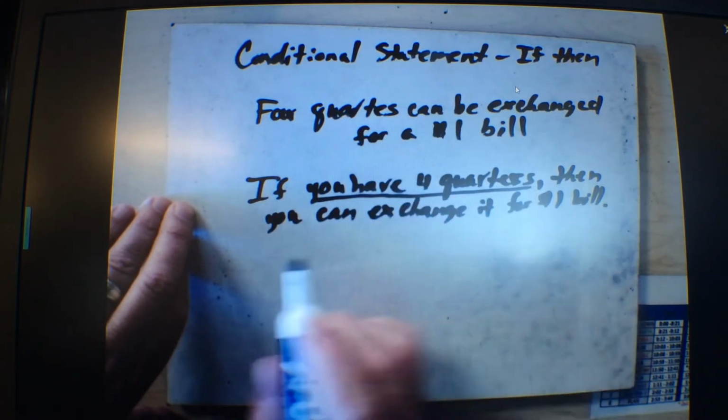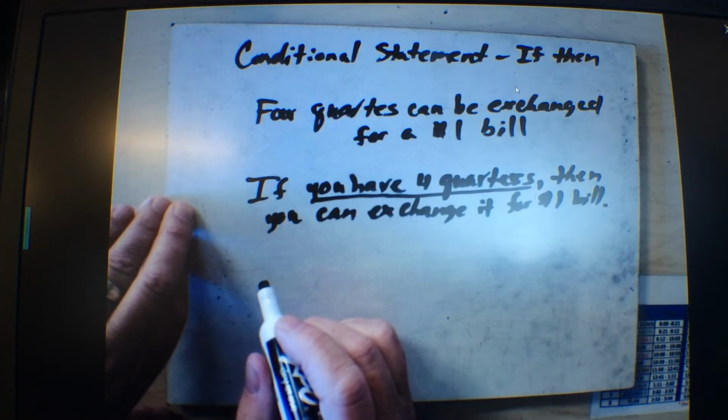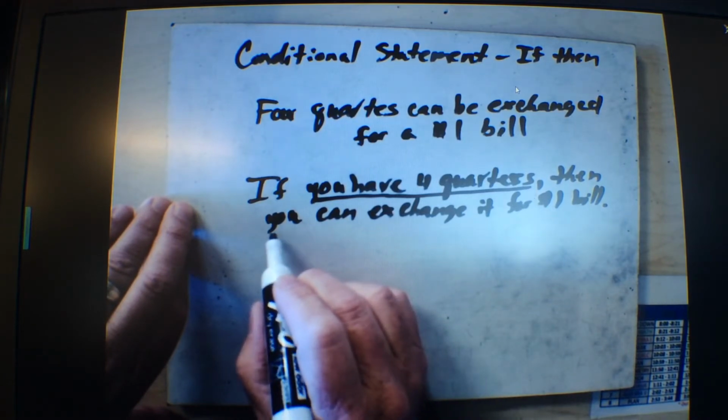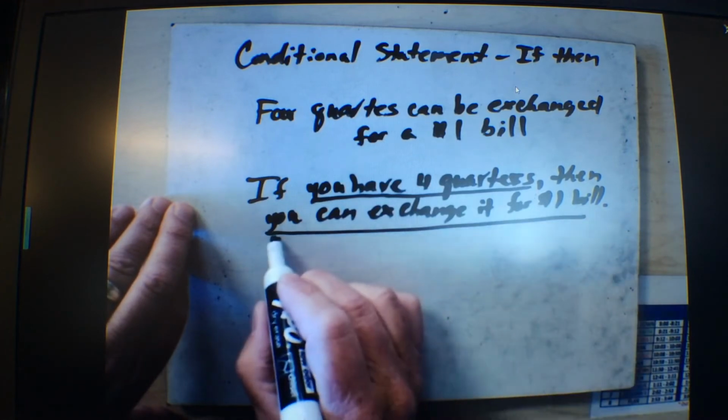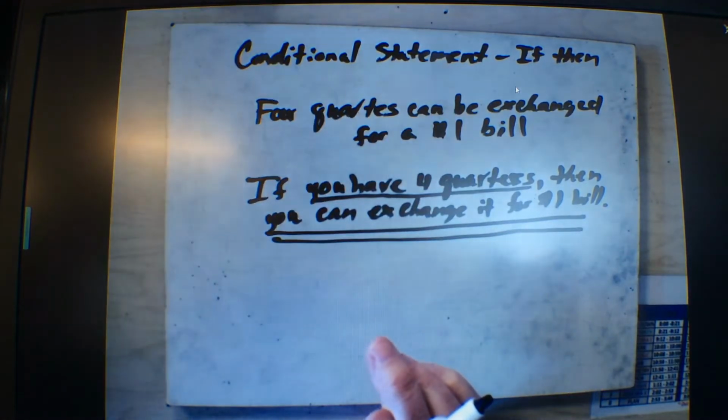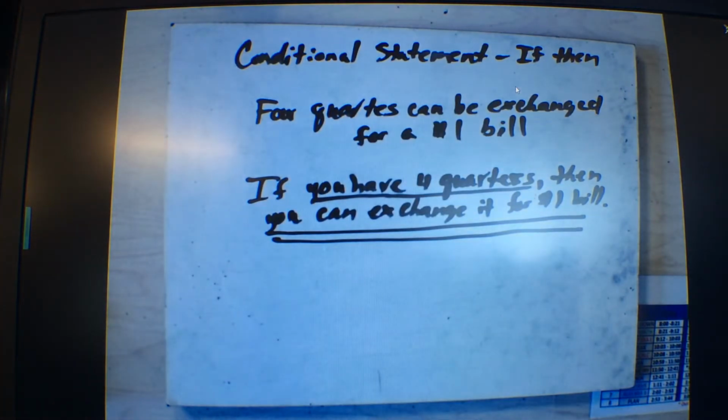You have 4 quarters, not the if. And then Connor, what is the conclusion? You can exchange it for $1. Okay, what's the truth value of this? True. It's true, correct?